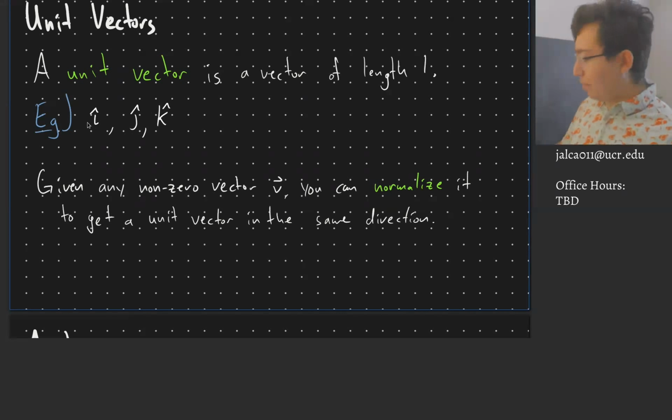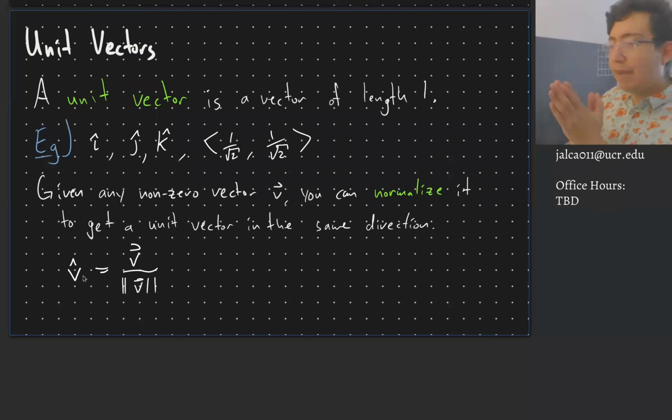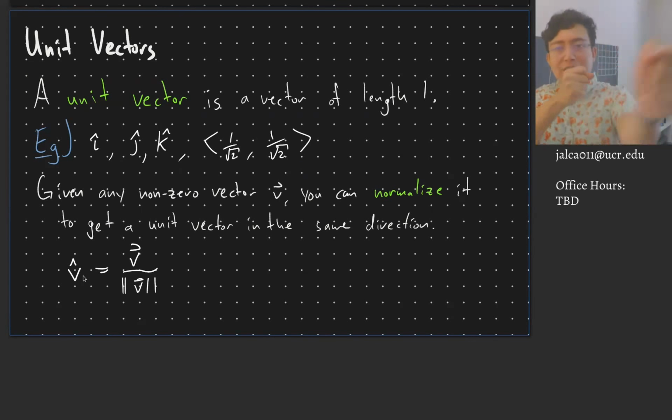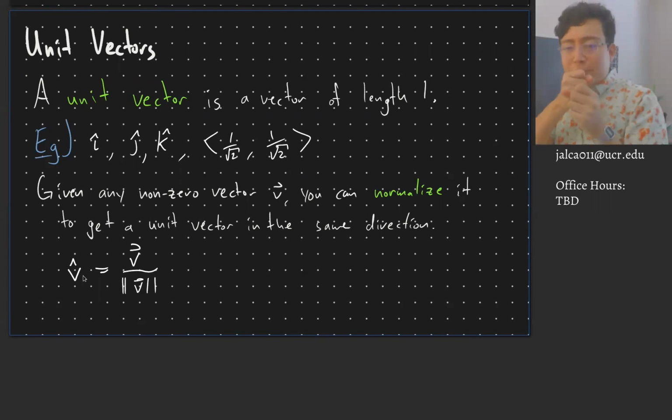The notation we sometimes use is v with a little hat. This caret on top of a character, we usually call that a hat. So this is v hat, which looks kind of trippy with a v because it's like the same symbol upside down. If you have a vector v, v hat points in that same direction, but if that vector is super long or super short, you just normalize it so that it's exactly unit length.